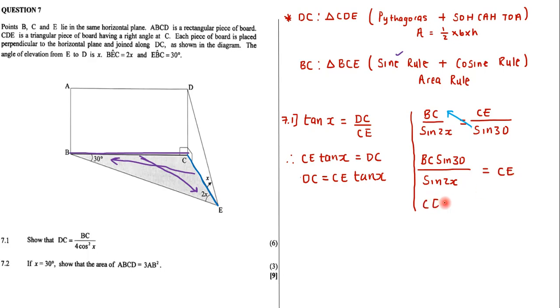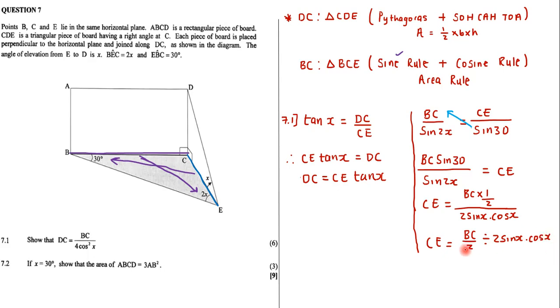Now, if I want to simplify CE further, you can see that sine 30, when you press it on a calculator, gives you 1 over 2. So now I'm going to have BC multiplied by 1 over 2, and then over, for this one, I can see that this is 2 sine x times cos x because it's a double angle, right? Now, to simplify this further, I can say this is going to be BC over 2 divided by 2 sine x times cos x, right?